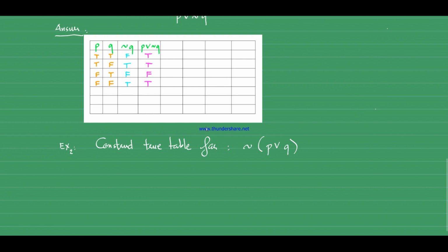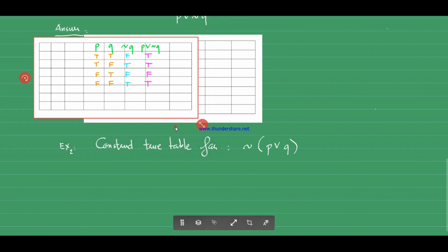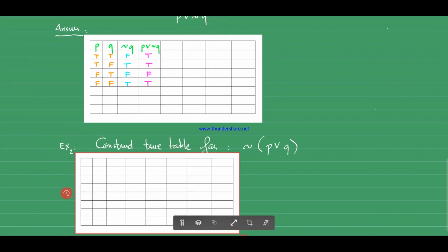Okay, again we need the table. Let's load the table. So again, we're gonna have P over here, Q here. Then we have P disjunction Q. Then finally we have the negation.